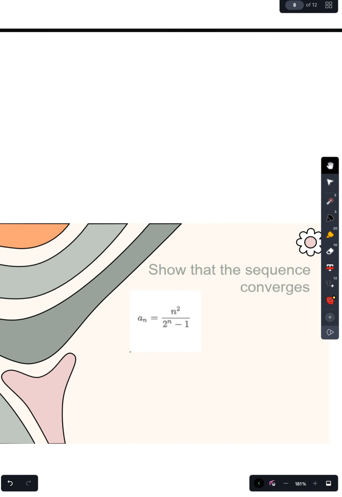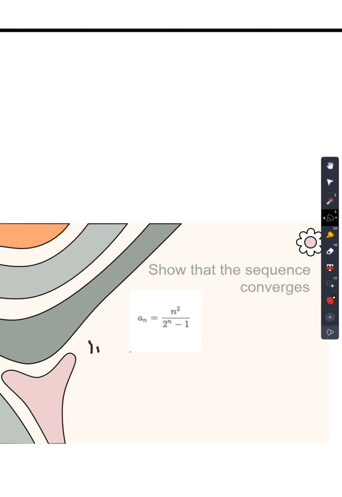So again, here we are, it says show that this sequence converges. So we want to take our limit, because we said that in order for it to converge, my limit has to exist. So I have the limit as n goes to infinity of my a sub n, which is n squared divided by 2 to the n minus 1.